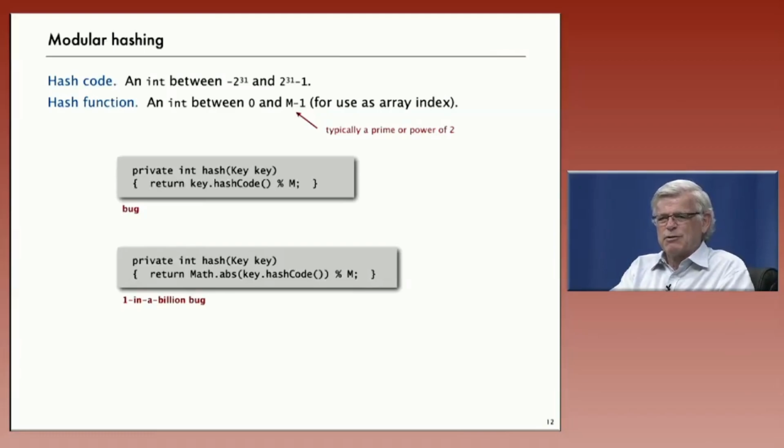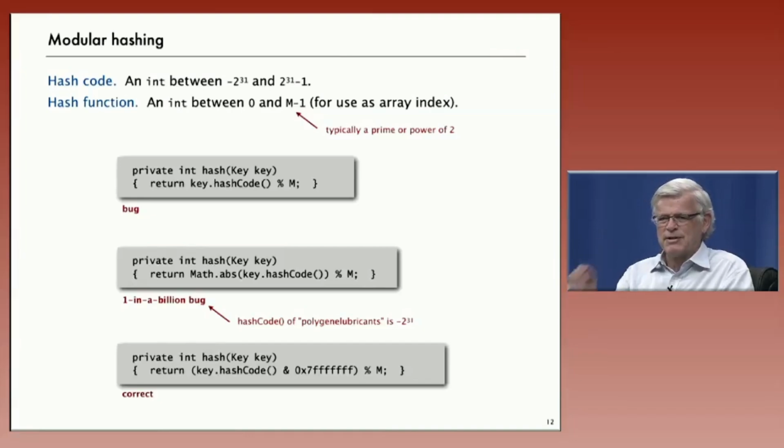But even if you take the absolute value, -2 to the 31st is possible. So you have to just take the 31 bits. You get the hash code out, make it positive, and then mod m is the way to go. The math doesn't quite work out right otherwise.